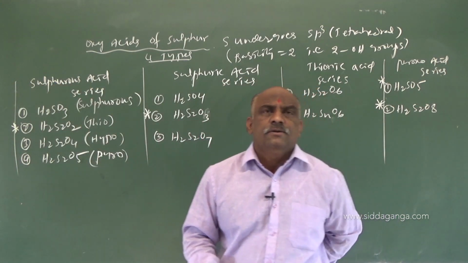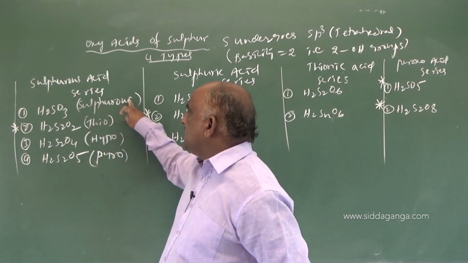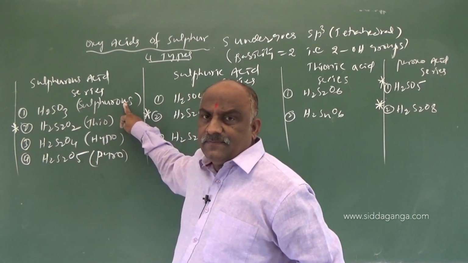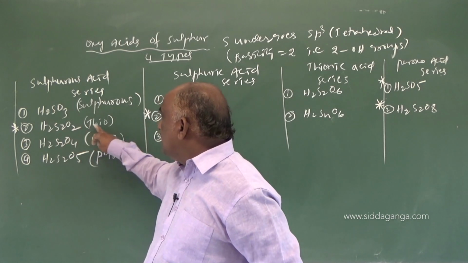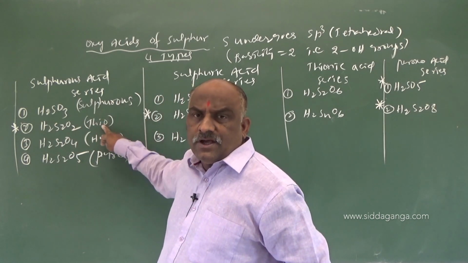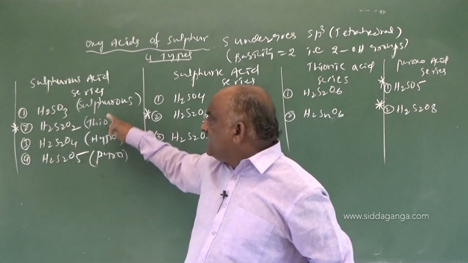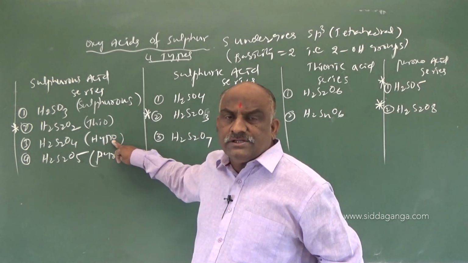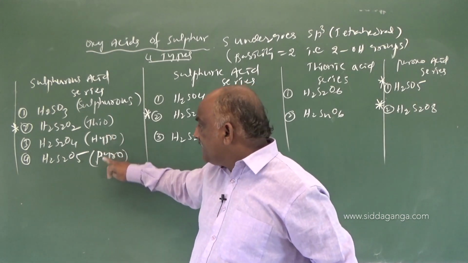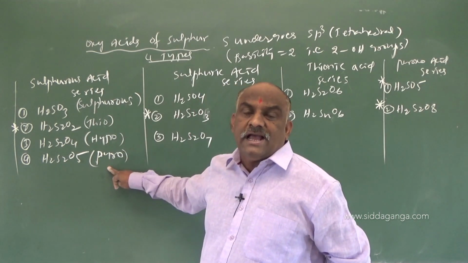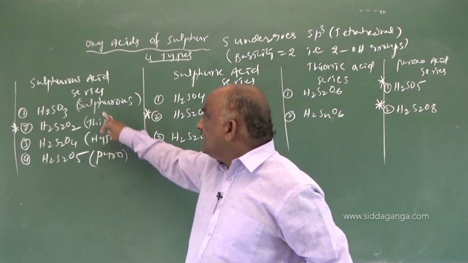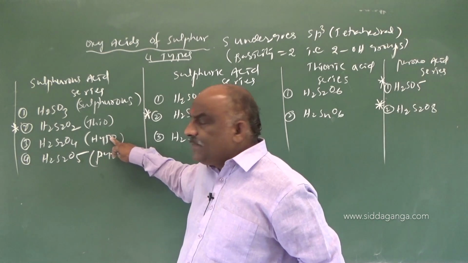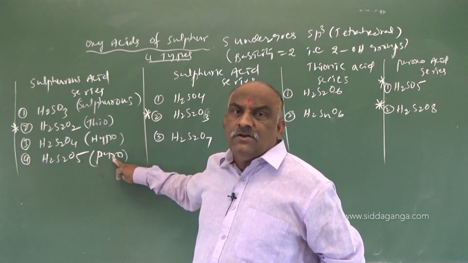So my dear students, the first compound is called sulfurous acid. Molecular formula H2SO3 is sulfurous acid. The second one, H2S2O2, is thiosulfurous acid. Next one is hyposulfurous acid, H2S2O4. H2S2O5 is pyrosulfurous acid. Remember, these are very important: sulfurous acid, thiosulfurous acid, hyposulfurous acid, pyrosulfurous acid.